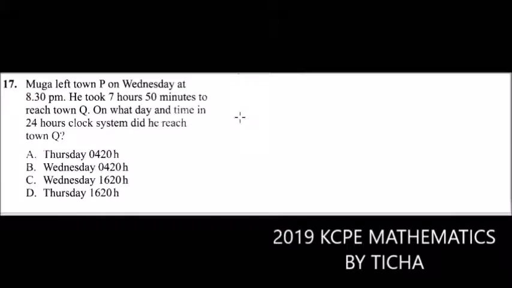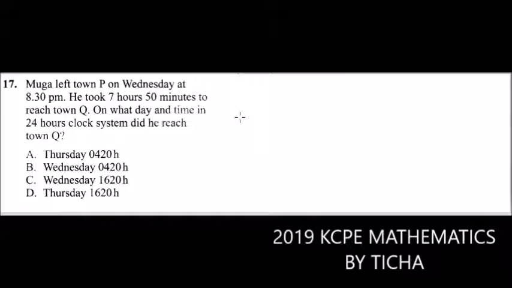Question number 17, we are told Muga left town P on Wednesday at 8:30 p.m. He took 7 hours 50 minutes to reach town Q. On what day and time in 24-hour clock system did he reach town Q? What you are being tested here is whether you know how to convert from the 12-hour system to the 24-hour system.